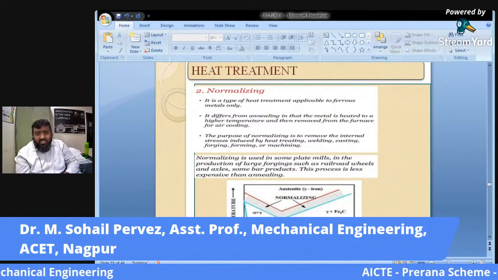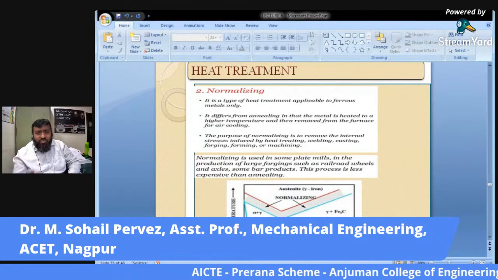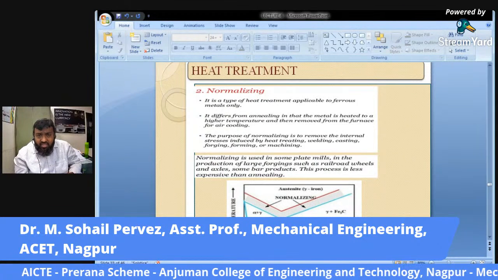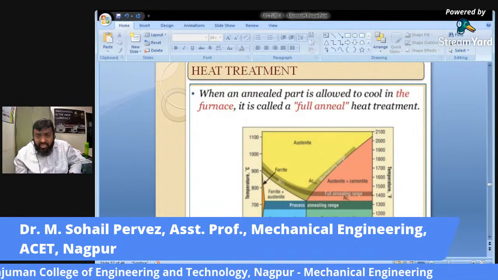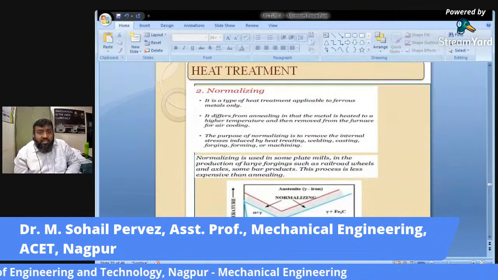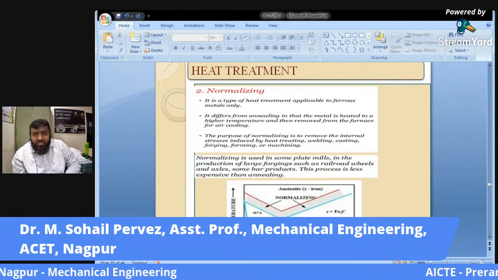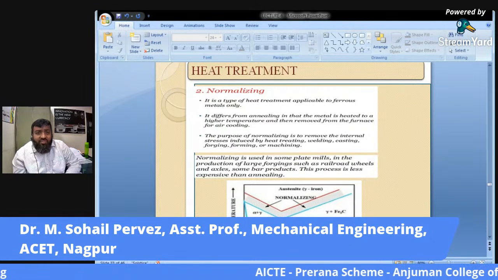Next is normalizing. It is another type wherein the material is allowed to cool, because in annealing the material is allowed to cool at a slower rate, whereas in normalizing it is cooled in air. This is generally applicable to ferrous material. In annealing we use higher temperature and then remove from the fire, and air cooling is done.